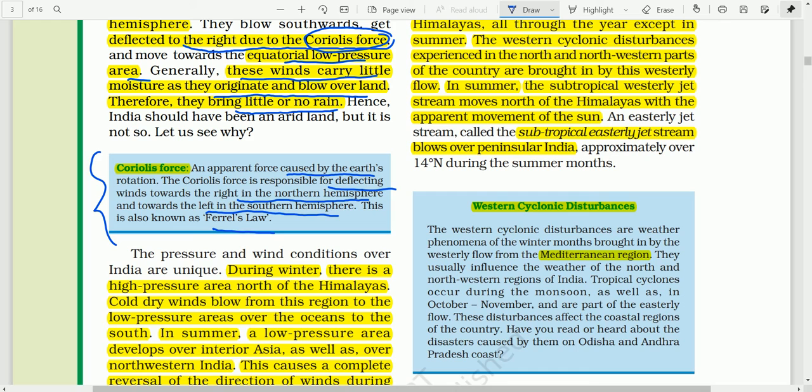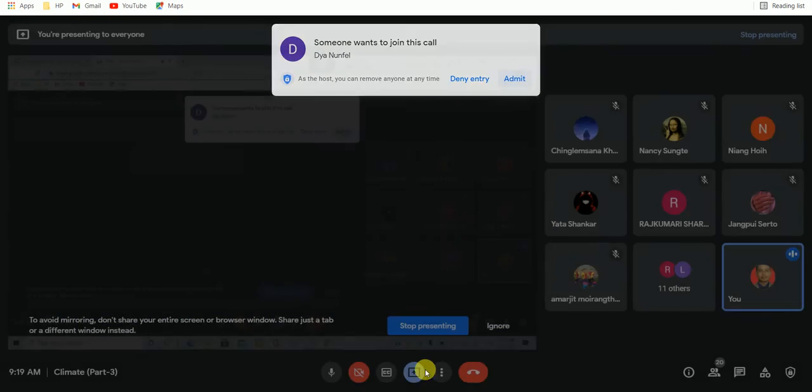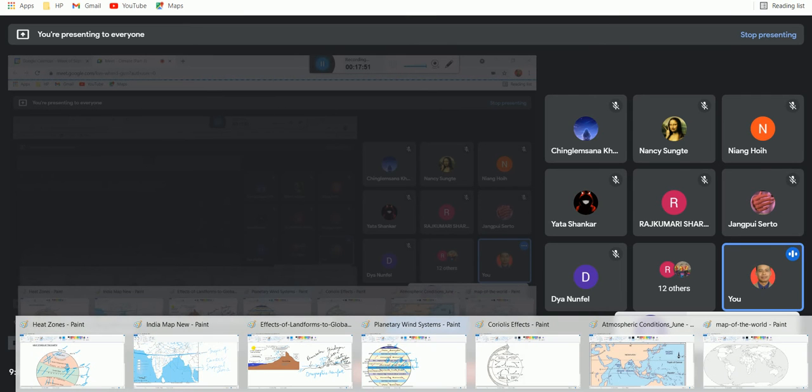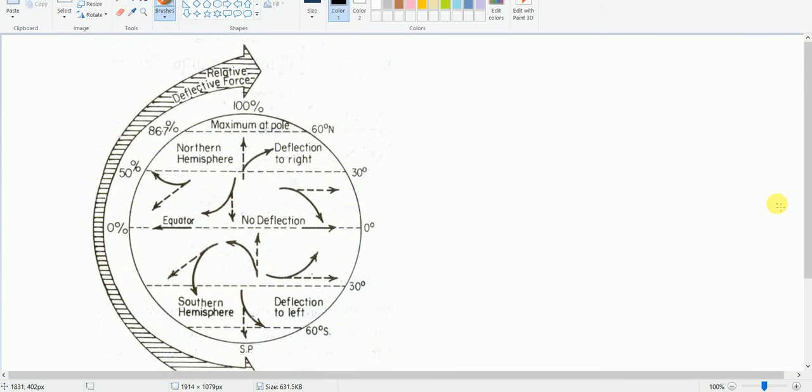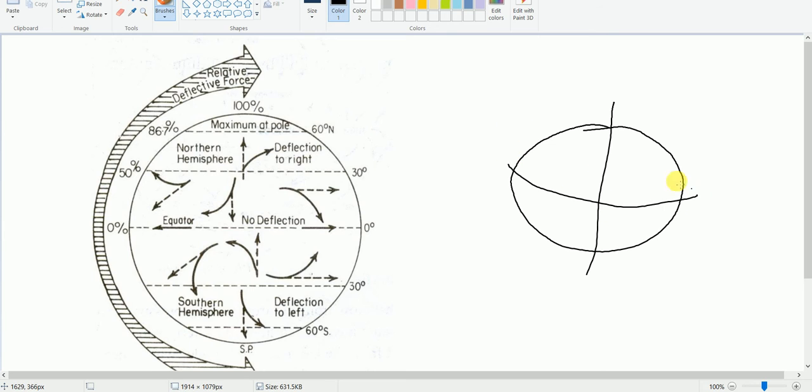So Coriolis force is an apparent force, which is caused by the rotation of the Earth on its own axis. We know that our Earth is rotating on its own axis, and because of this, see, we have this Earth, and this is the axis, and our Earth is rotating from west towards the east.